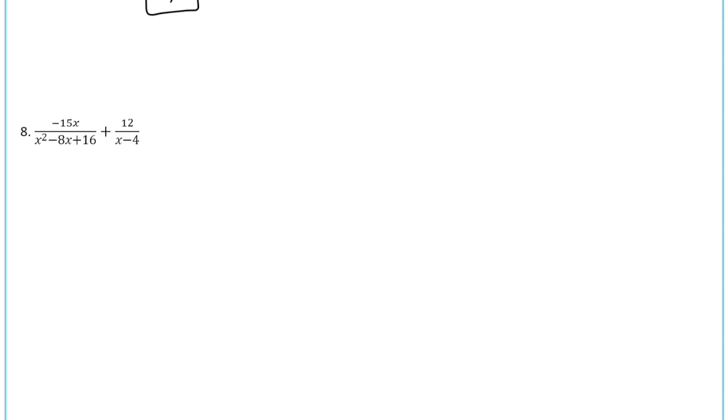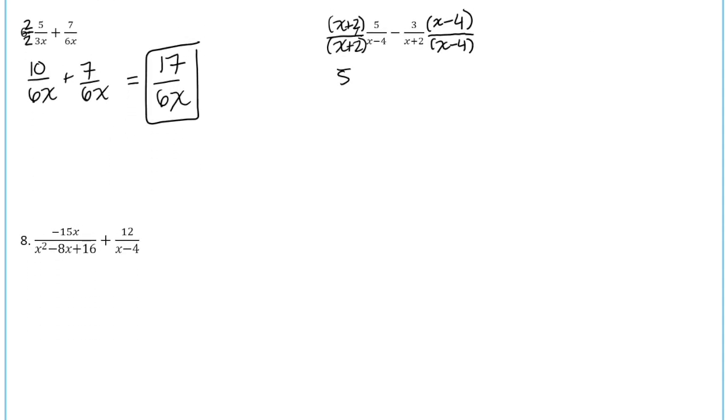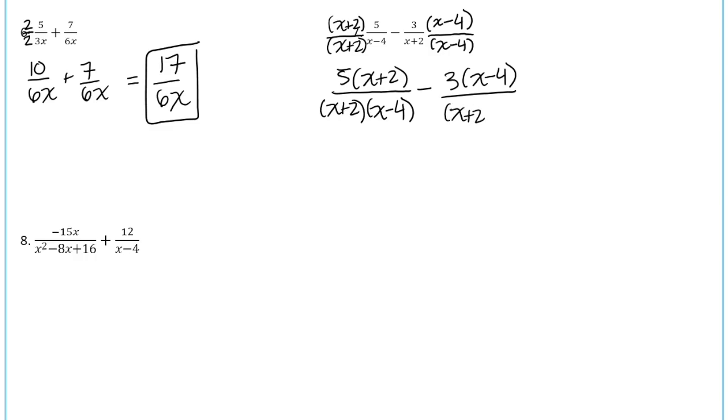What this will turn into is 5 times x plus 2 over x plus 2 minus 3 times x minus 4 over, I multiplied the denominator so I could get x plus 2 times x minus 4. And then the next denominator, x plus 2 times x minus 4.